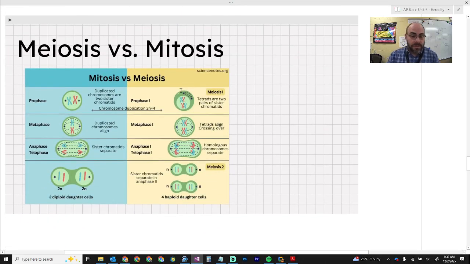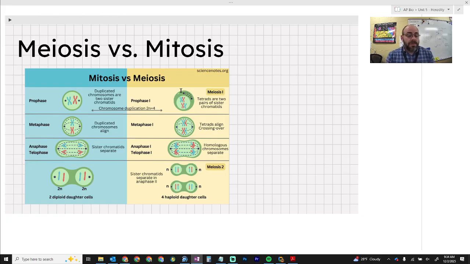Let's examine meiosis versus mitosis quickly. In meiosis, first of all, what are some similarities? They use similar ideas and structures: sister chromatids, chromosomes, spindle fibers, all that stuff that makes cells the same, right? What is different?